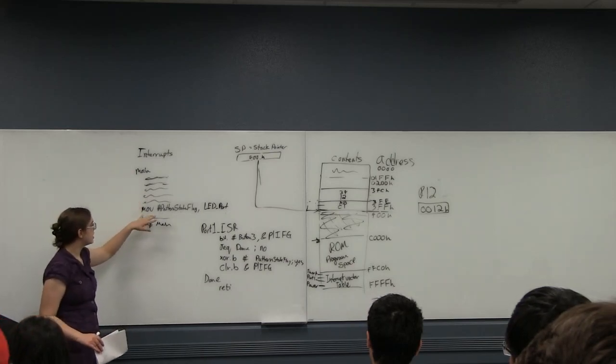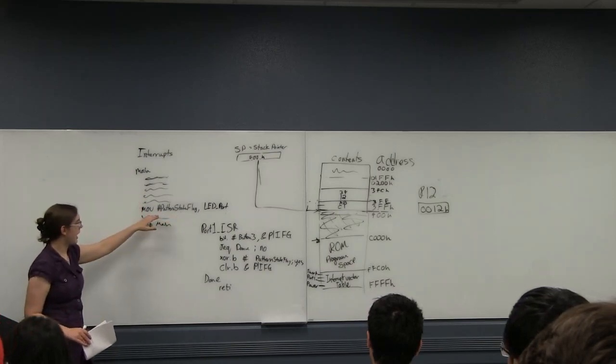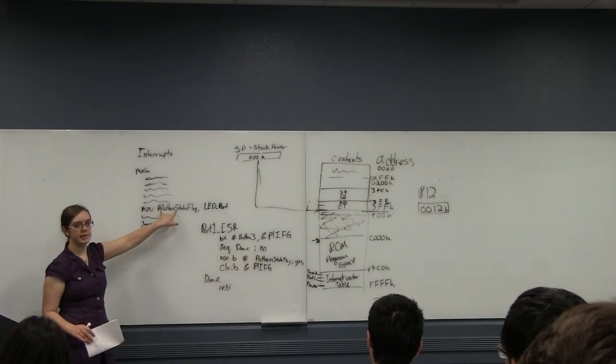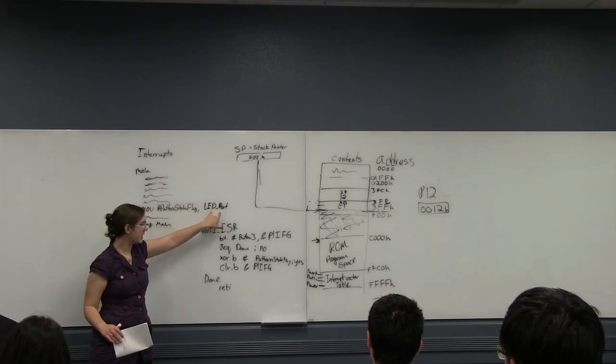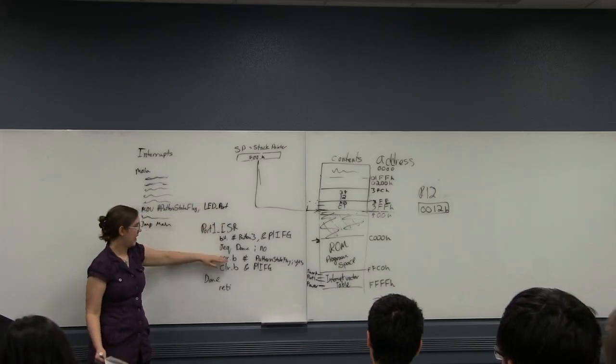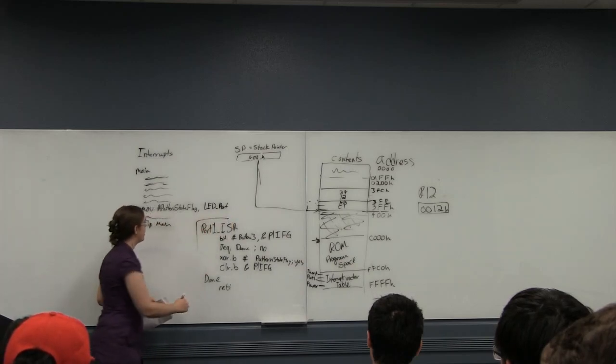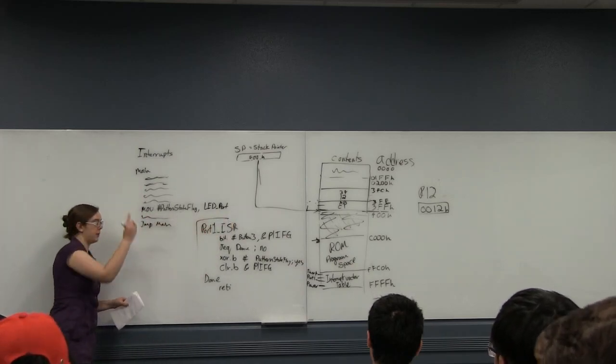You can just do something, and the button will determine whether you write out a 0 or a 1 here to your LED, either turning it on or off, and that's handled just in this interrupt service routine. That way this can just keep looping whenever it wants.